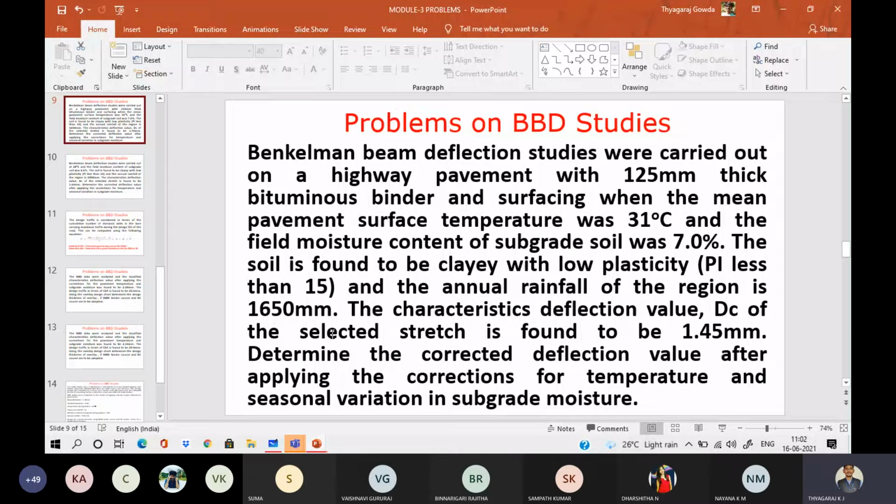This is with clay soil, with the temperature 31 degrees Celsius. If these types of questions are asked, they will allot 8 marks. That is with the clay soil with the rainfall, to determine the temperature correction and after that the subgrade moisture correction.